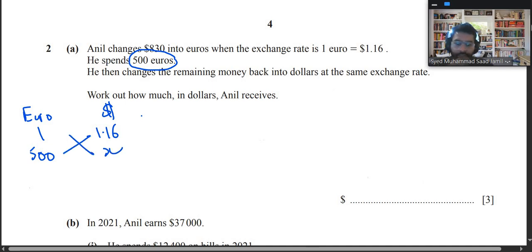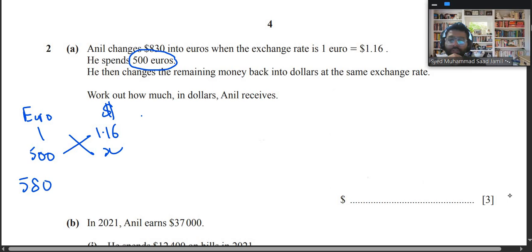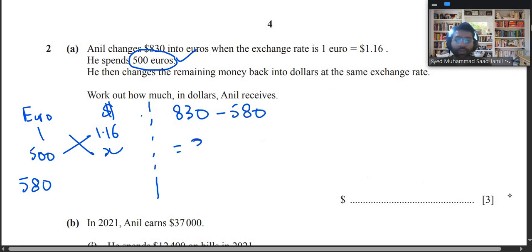So 500 multiplied by 1.16. So it's $580. So he had spent 500 euros, which is equivalent to $580. So he had $830, out of which he already spent $580. So how many dollars remain? $250.